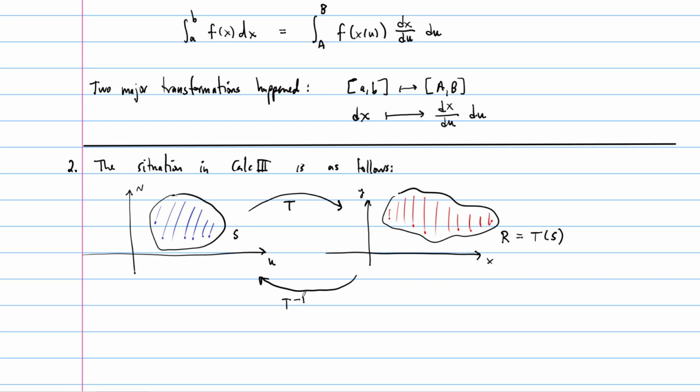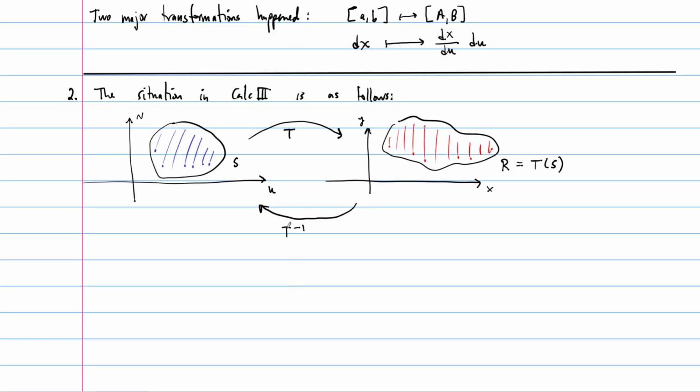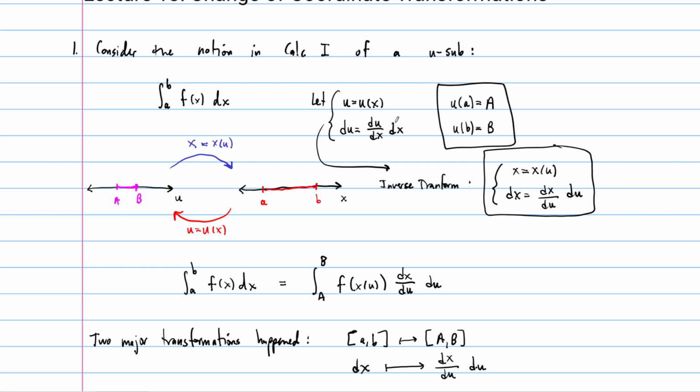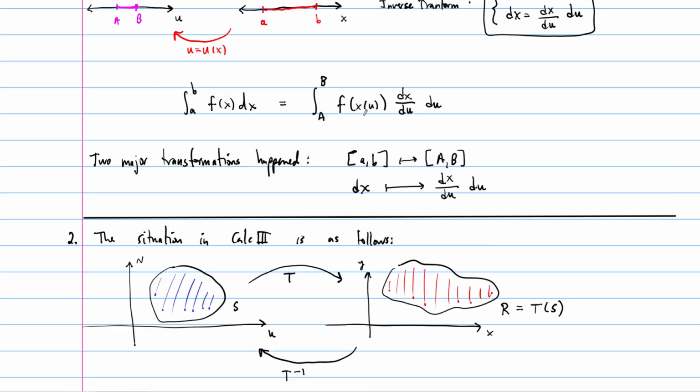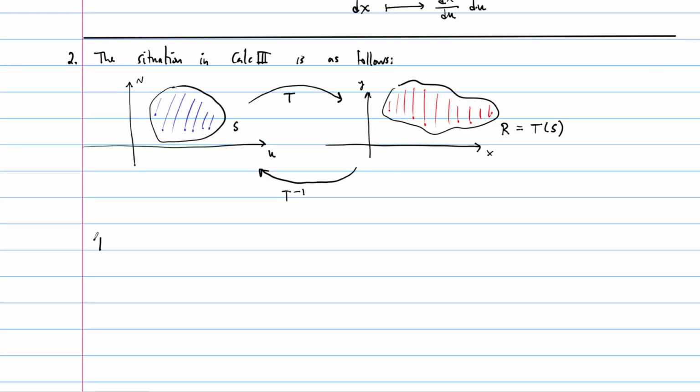So in general, the inverse map here, T inverse, is going to be kind of the one that's obvious. So just like we usually, when we do an integral in Calc 1, we're able to write down u equals some function of x right from the get-go, right? So it might be the same case in Calc 3, where our T inverse is actually going to be a function or a transformation which tells us how to get our u from x and y and our v variable from x and y.